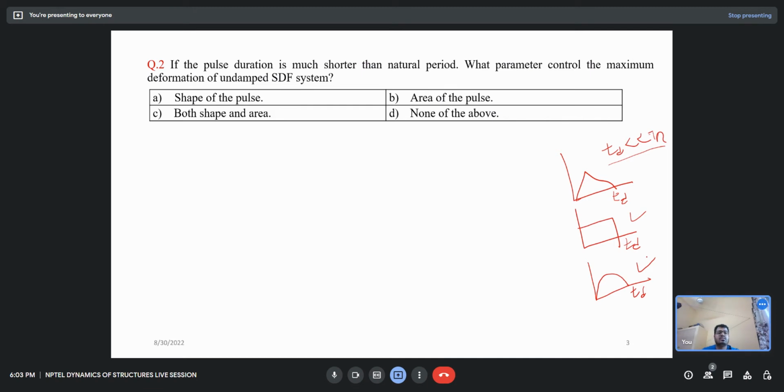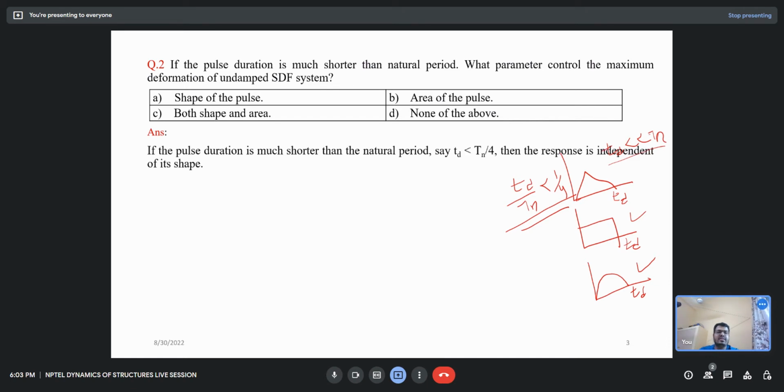So what parameter controls the maximum deformation of the undamped SDOF system? For simplicity, if your td by tn is less than 1 by 4, then the pulse area is most effective. The shape doesn't matter, whether triangle, rectangle, or sinusoidal, but the area will affect the response. Since td by tn is less than 1 by 4, the response is independent of the shape.